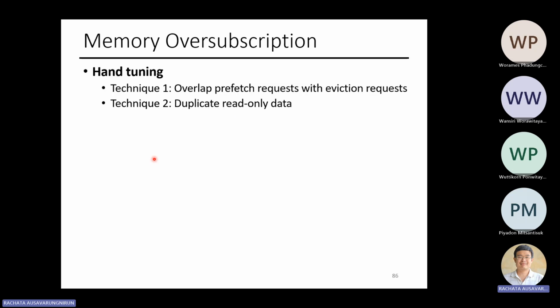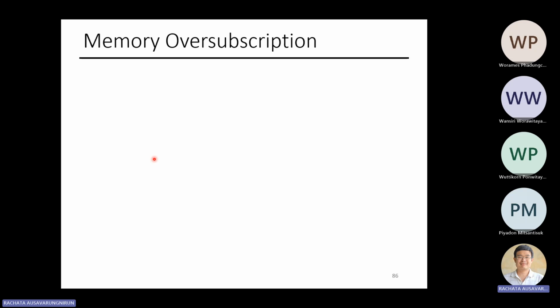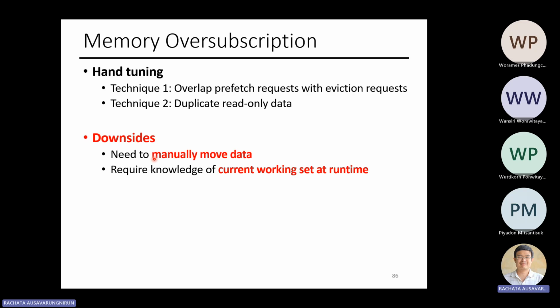To improve performance, you can hand tune, you can try to duplicate read-only data, so you don't have to copy back and forth and back and forth. But these involve manually moving the data, which kind of defeats the purpose of UVM. Then, if you share the GPU, you need to know your working set, how much memory you are actively using. Otherwise, someone else will use a lot of memory and you're paging back.